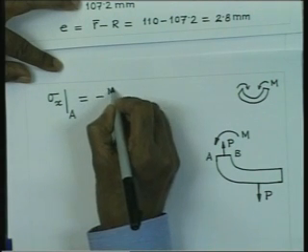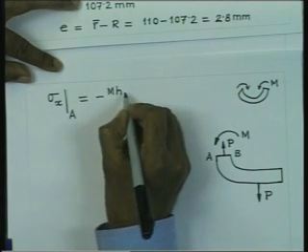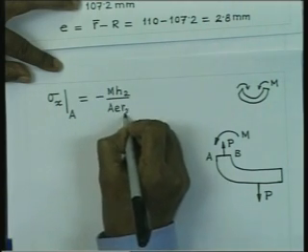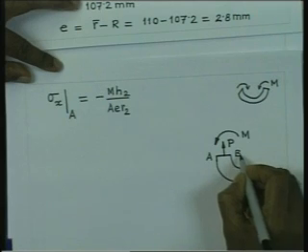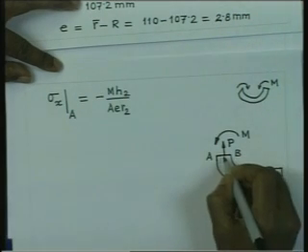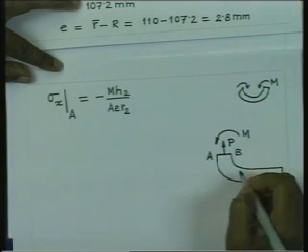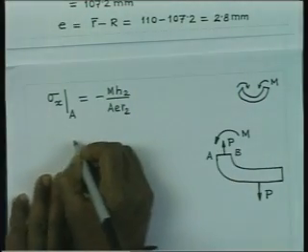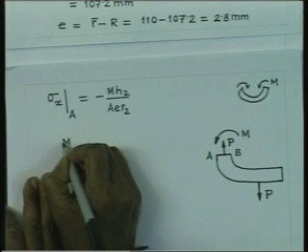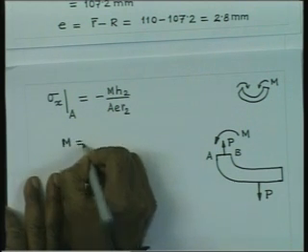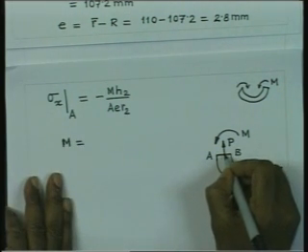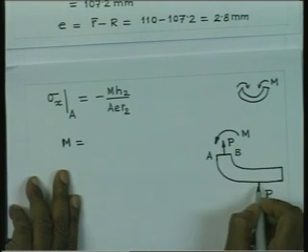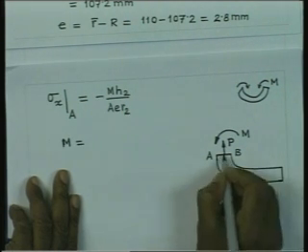minus M h2 divided by A e R2. This is your y axis, this is the z axis. So we will have this, and for M in this case you have to take the bending moment produced by this force at the centroid.